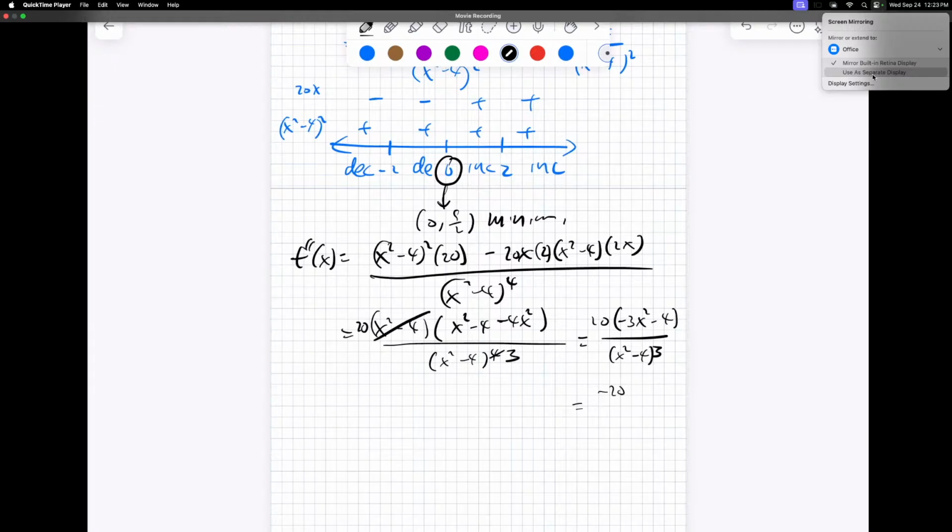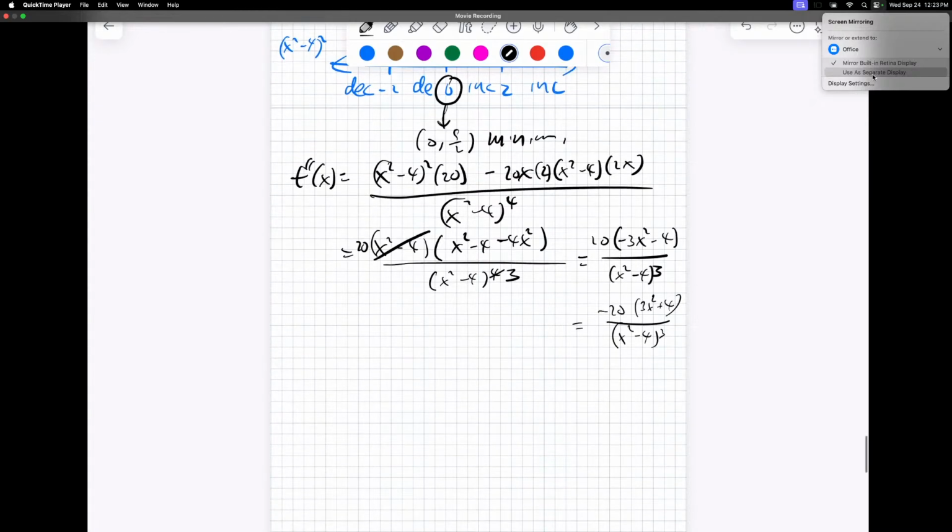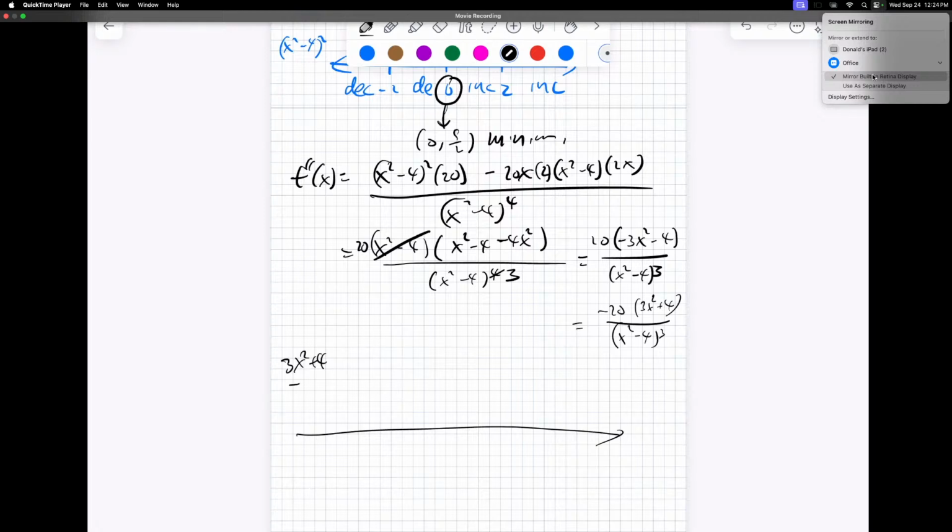So it'll be negative 20 times 3x squared plus 4 over x squared minus 4 to the third. Now this number line test is kind of special, because 3x squared plus 4 is never going to get negative. The only thing that's negative is the 20, and that affects all the signs, along with the x squared minus 4 to the third.